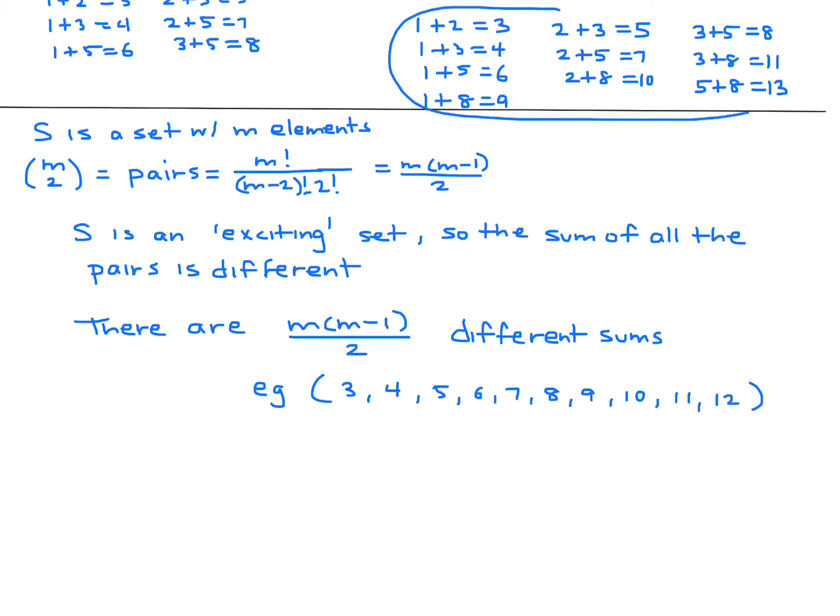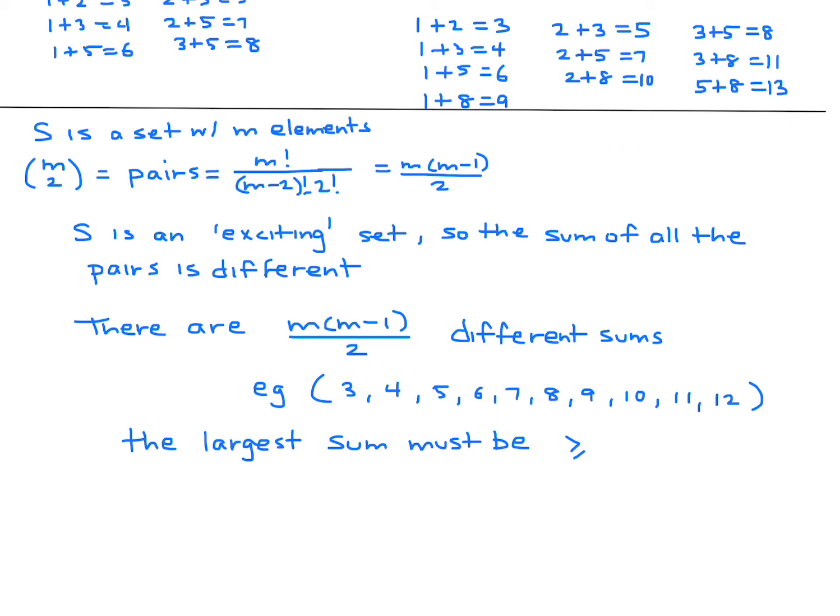In this scenario, there were 10 different sums, and since the smallest sum is 3, and each sum has to be different, the other sums could be 4, 5, 6, all the way up to 12. And therefore, that largest sum has to be either 12 or greater.